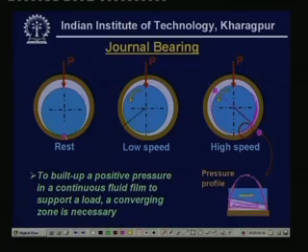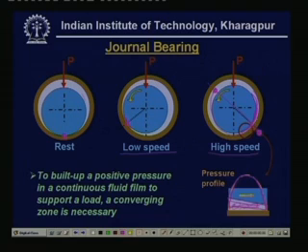If it is at rest, it just has metal to metal contact, no fluid contact. At low speed there will be mostly metal to metal contact, with a very thin layer of oil, something we can call oiliness. Whenever the speed goes higher, you will see a continuous fluid film with a converging and a diverging zone.